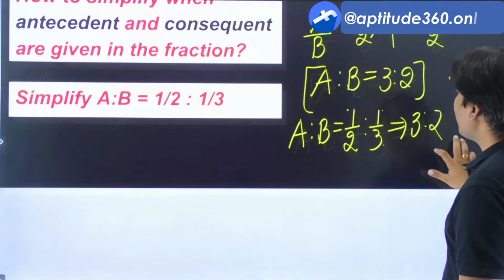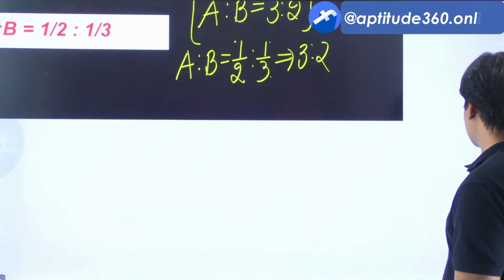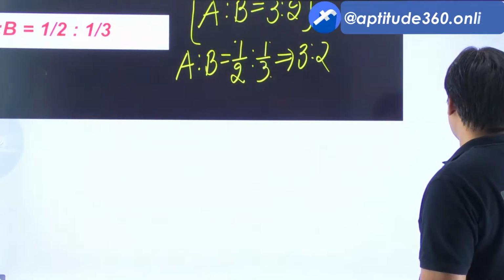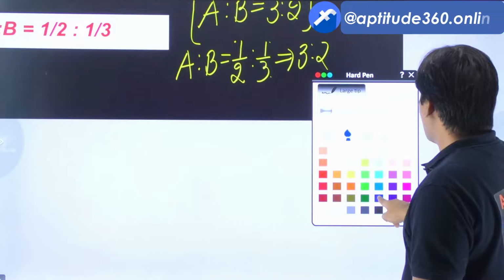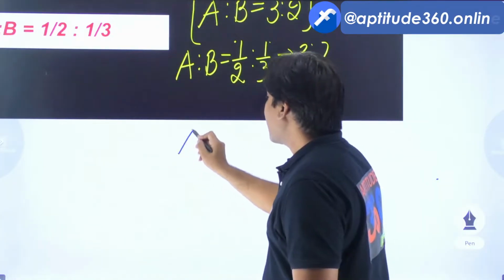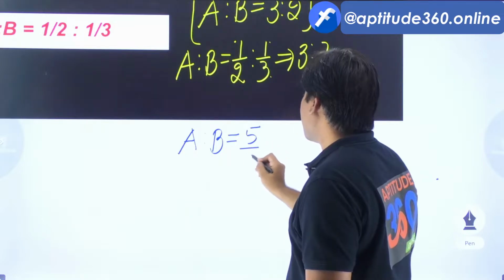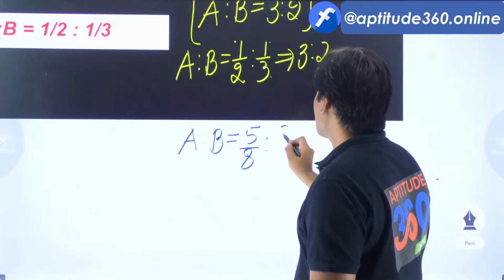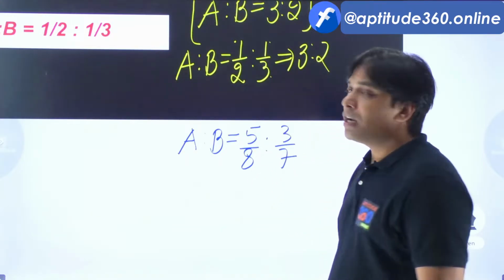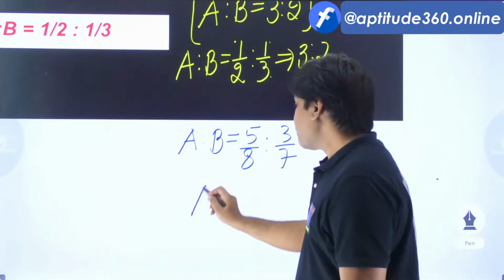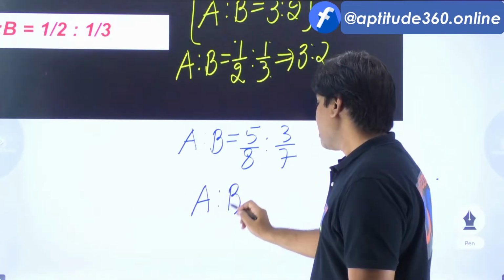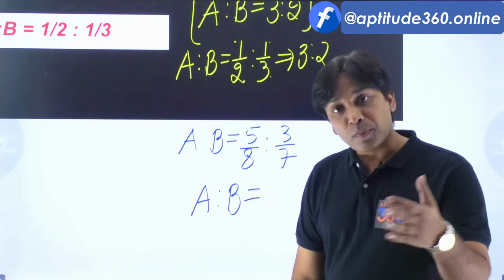And if we have been given something like this where the values are A is to B as 5 by 8 is to 3 by 7, it doesn't make a difference. If you have to find out A is to B, what is it that you should be doing? Cross multiplication.